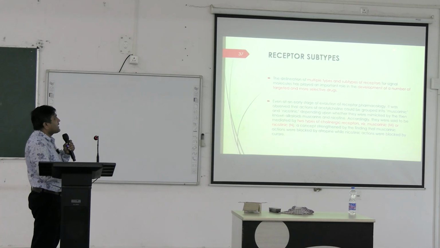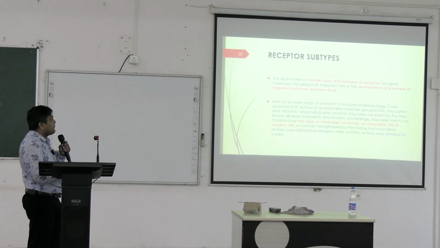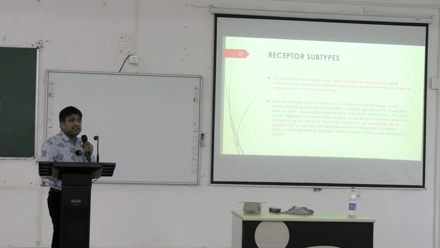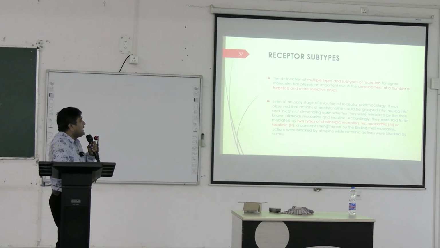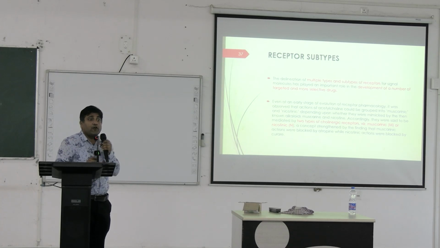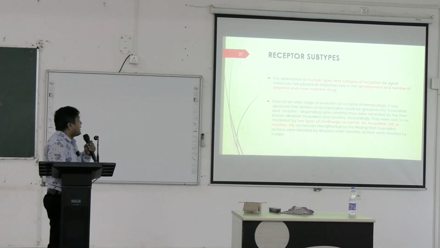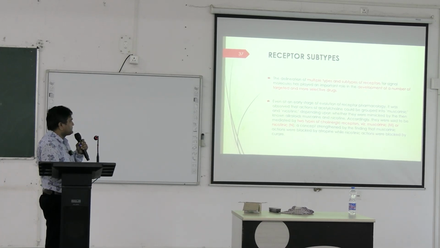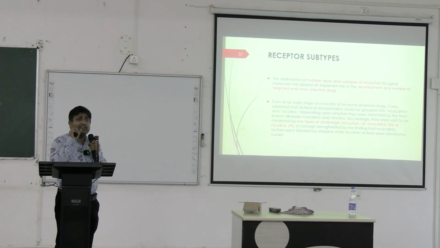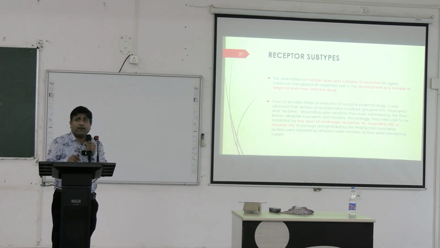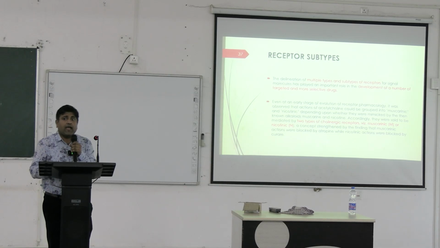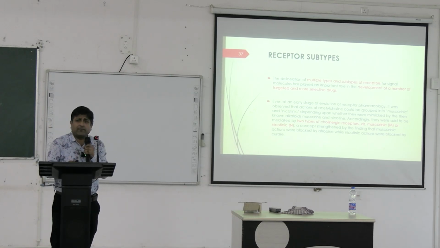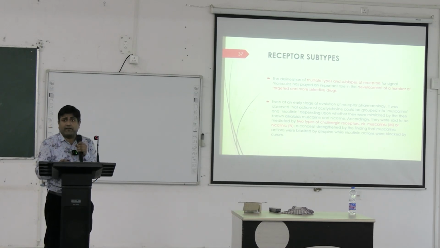Now, receptor subtypes. The delineation of the multiple types and subtypes of receptors for signal molecules may play an important role in development of a number of targeted and more selective drugs. For example, acetylcholine receptors are of 2 types, it has been seen, muscarinic receptors and nicotinic receptors, and their actions are different in different tissues.